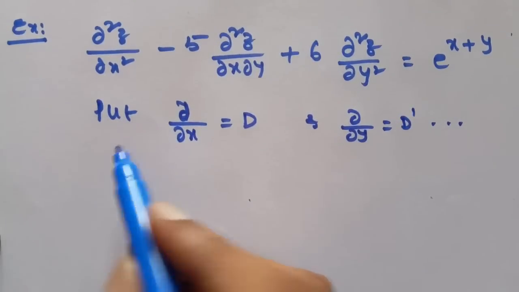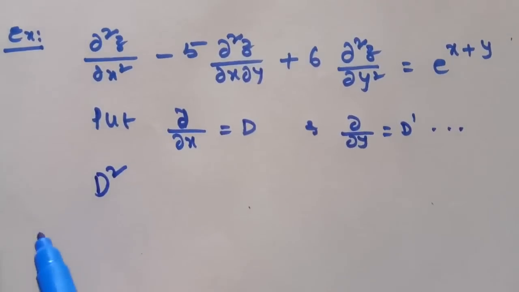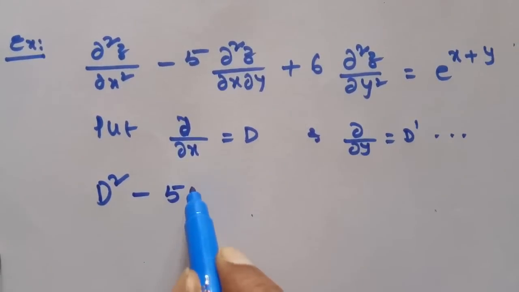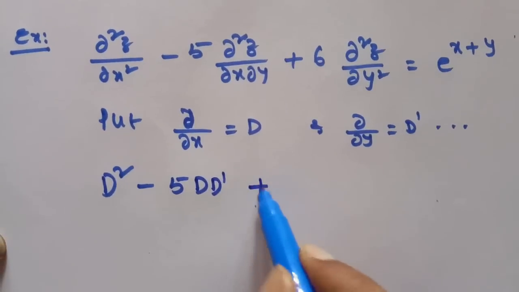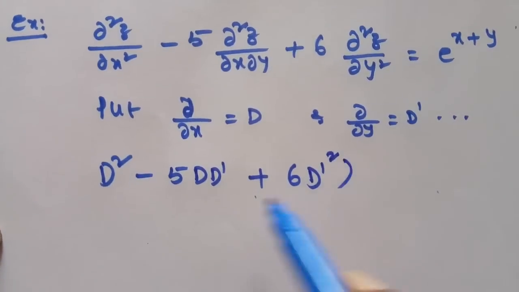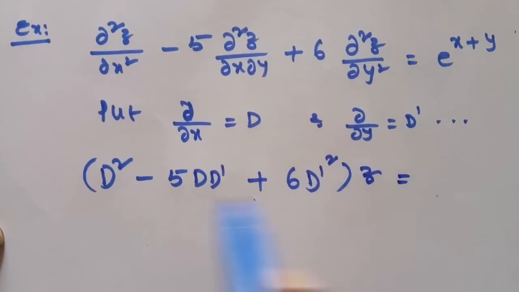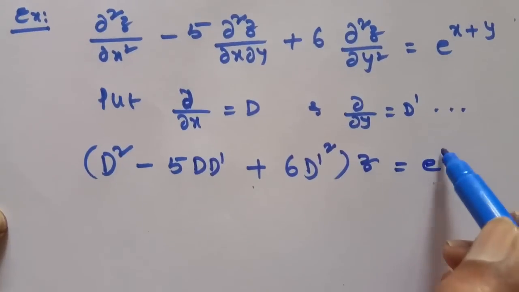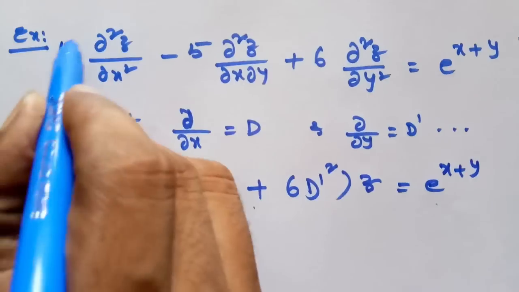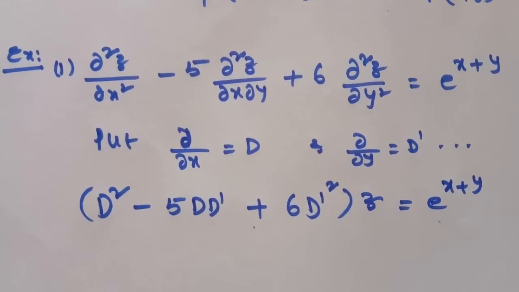Therefore, this becomes (D² − 5DD' + 6D'²) z, where D'² is with respect to y 2 times, and we are writing z commonly to the right of this operator, equal to e^(x+y). So this is a homogeneous higher order partial differential equation.